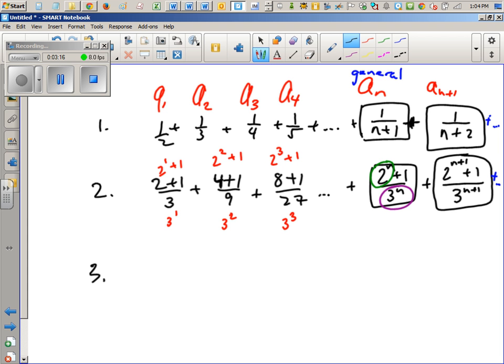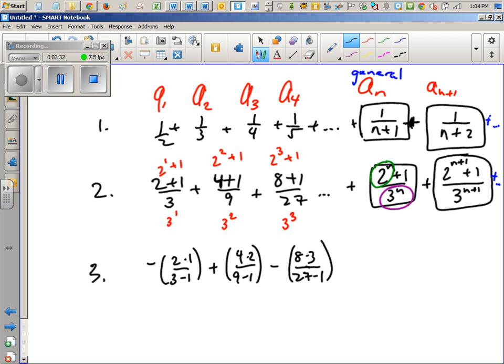Number 3, this one has the negative, positive sort of look to it. So there's that one, negative. This one says 4 times 2 over 9 minus 1. This one says 8 times 3 over 27 minus 1. And I gave you one more just so you can see the pattern clearly. 16 times 4 over 81 minus 1.